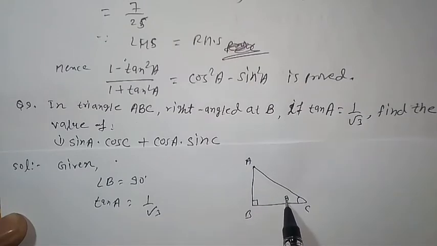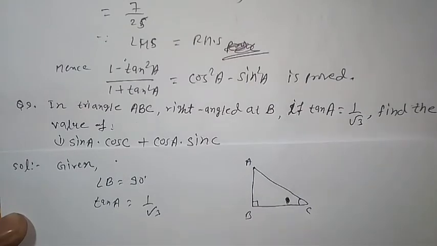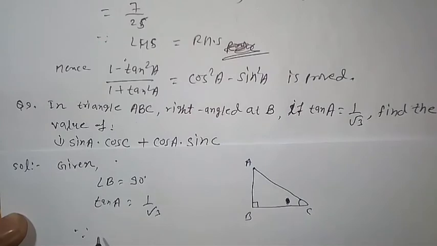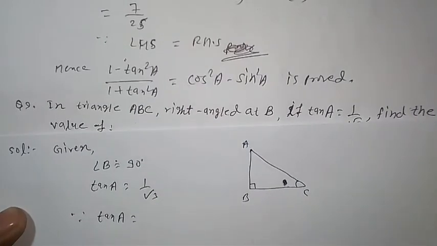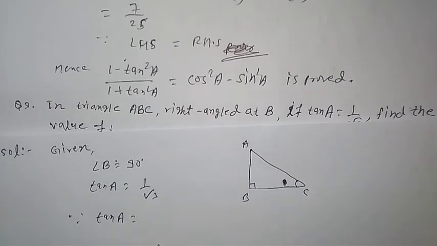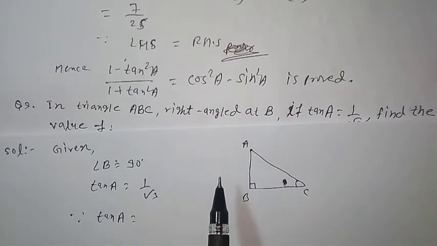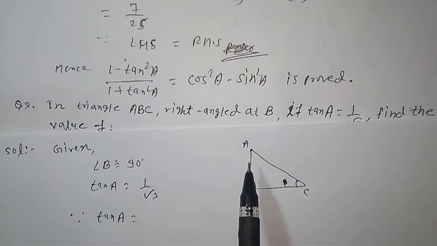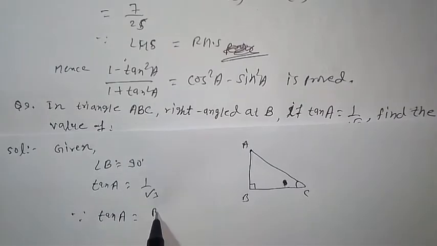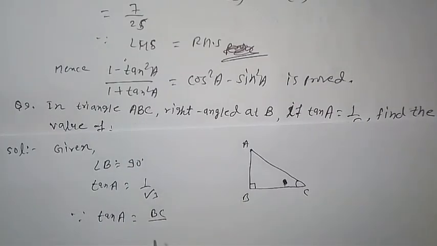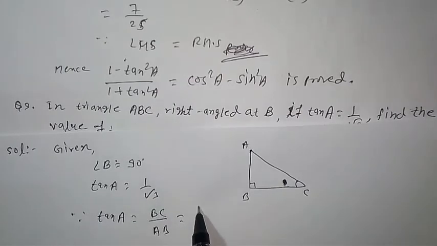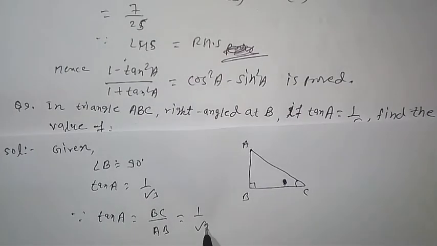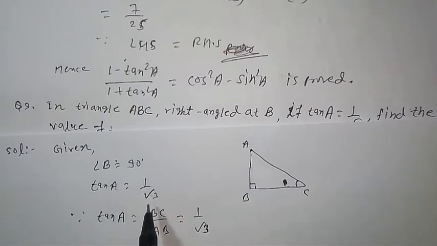Okay, because tan A is equal to tan theta is equal to perpendicular by base. So according to angle A, perpendicular is equal to BC and base is equal to AB, which is 1 by root 3. Here tan A is equal to 1 by root 3.